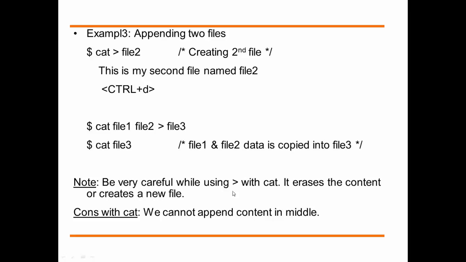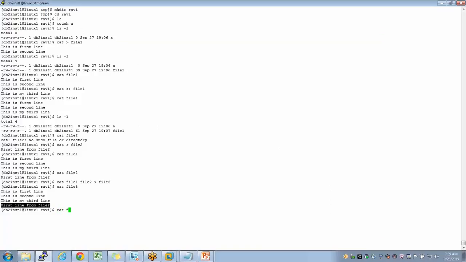Please be very careful with usage of greater symbol with cat. If you wanted to append, but unfortunately you give a single greater symbol, your content is gone. For example, cat file3, I have a content, but unfortunately I have to append to it, but by mistake I give only single greater.